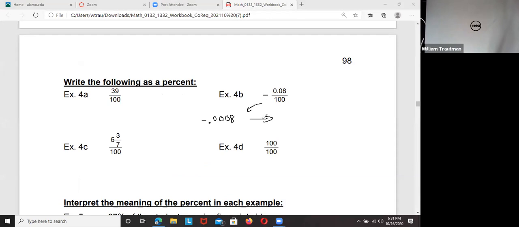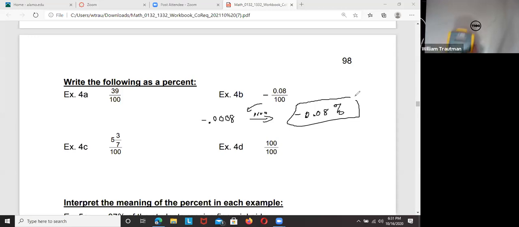0.0008. Now to find a percent, you still have to multiply it by 100. And one way you can do it is moving the decimal place 2 places to the right. When you multiply 0.0008 by 100, you get 0.08. And then don't forget to put the percent sign.